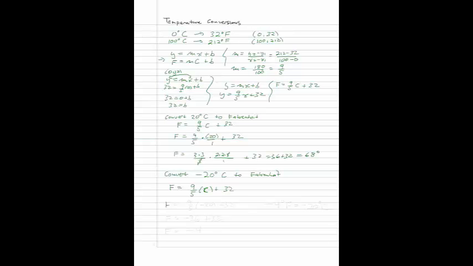So we'll take F equals 9/5 of negative 20 plus 32. Well, we saw 9/5 of 20 was 36 in the last example. So 9/5 of negative 20 would be negative 36 plus 32, or the Fahrenheit number would be 4 degrees below 0. So minus 4 degrees Fahrenheit corresponds to minus 20 degrees Celsius.